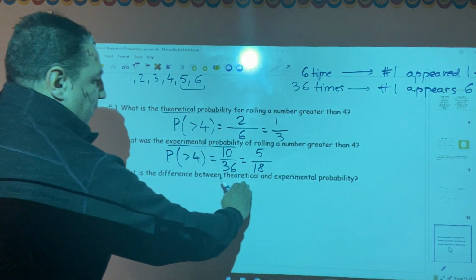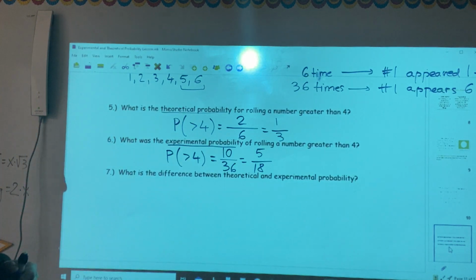Now, what is the difference between theoretical probability and experimental probability?